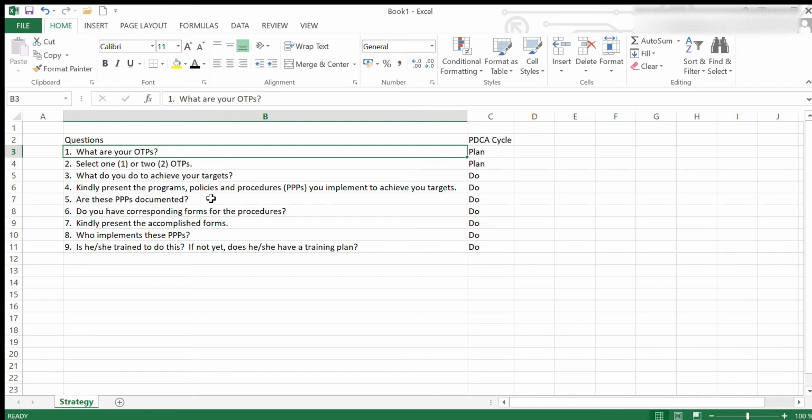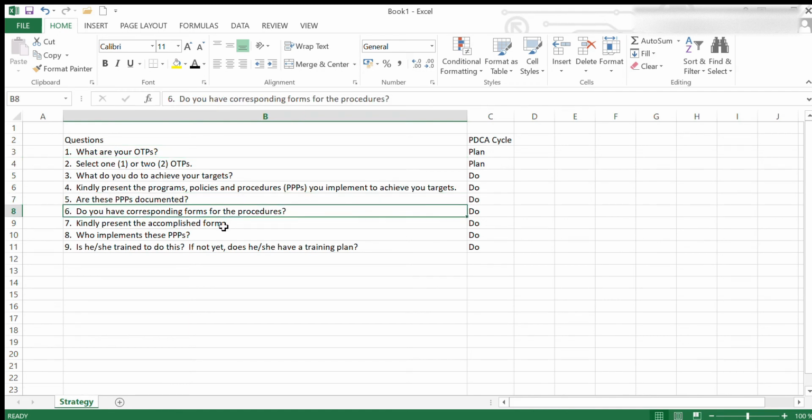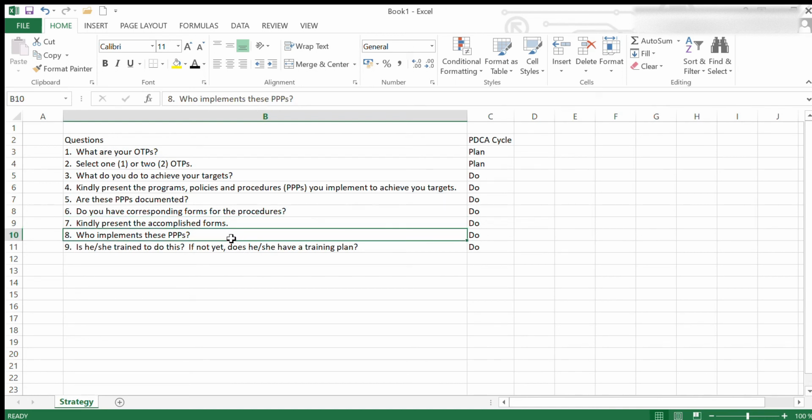So you get the documents and records, since you're asking here for the documents and the records of the accomplished forms. Since you have the forms accomplished, this will serve as records. Then you're targeting the roles and responsibilities and competence training and awareness on these last two parts.